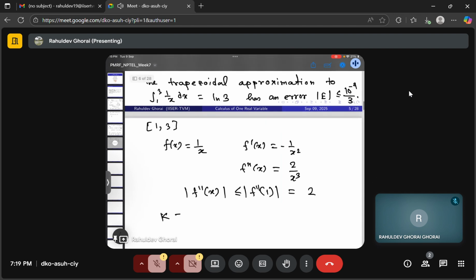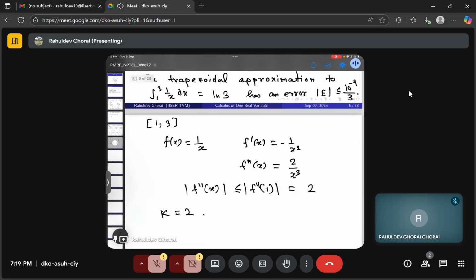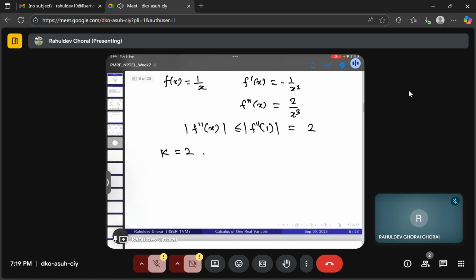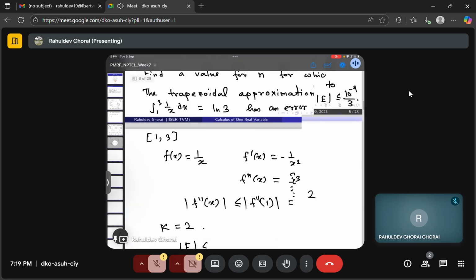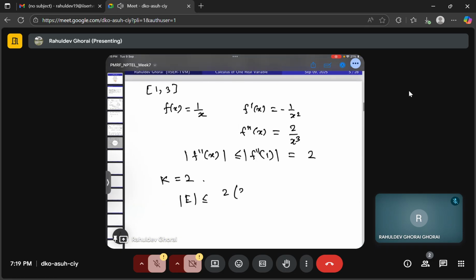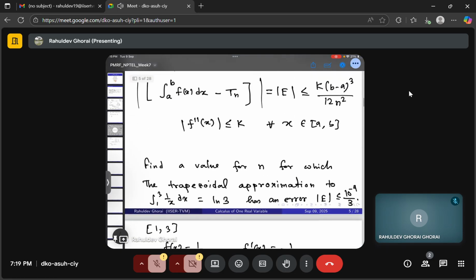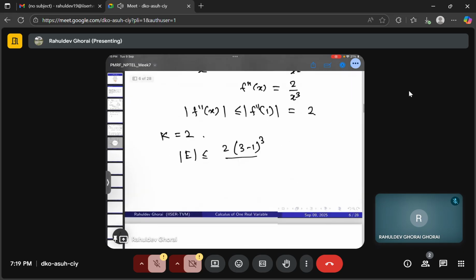So you can simply take K equal to 2. We need a K also for this error estimate. So then your E will be less than or equal to K times, meaning 2 times, (b minus a), which is (3 minus 1) whole cube, over 12 n squared, right?